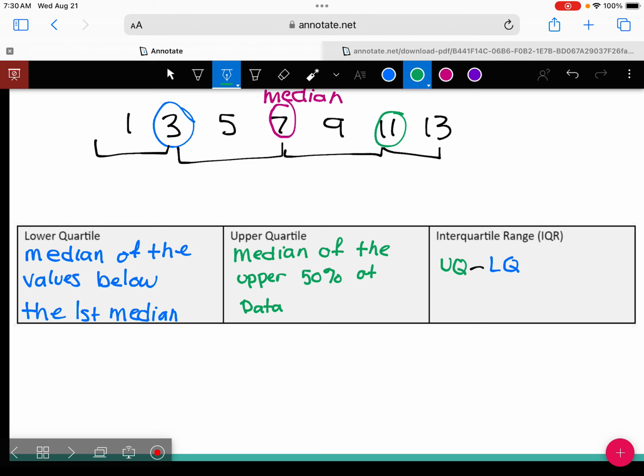So what is my interquartile range? 8. It is the difference between UQ and LQ.